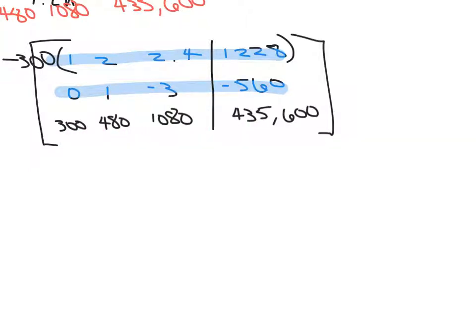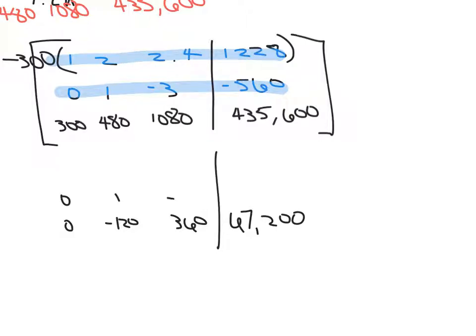For that bottom row now, instead of 300, you're going to have 0. You're going to have negative 120. You're going to have 360. And your line, 67,200. All right, and we already have our 0, 1, negative 3, negative 560, and our 1, 2, 2.4, 1, 2, 2, 8.